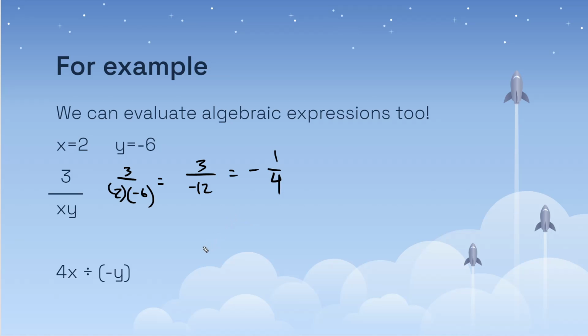Yeah, -1/4. 4 times x divided by -y. y is -6. So that's a positive 6, because we're looking at the opposite of -6. So that is 8. 8 divided by 6 is 4 over 3, which is 1 1/3.